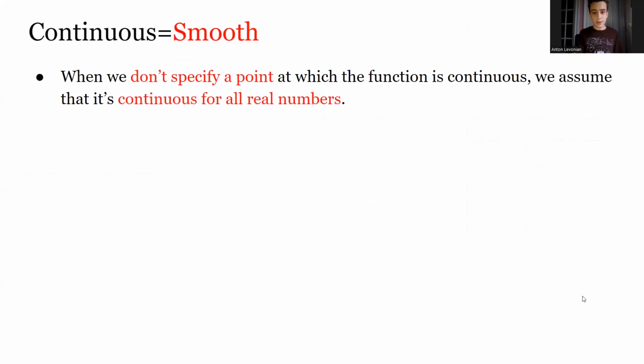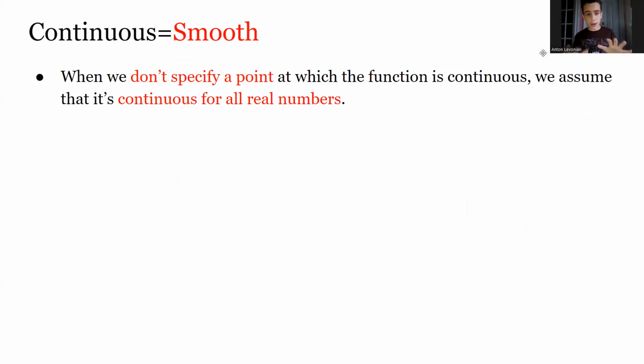Okay. So a couple of things about this new topic of continuity before we keep going. So continuous is the same thing as saying smooth. If the function is continuous at a point, that means that it is smooth at the point. There's no interruptions in its flow at that point.